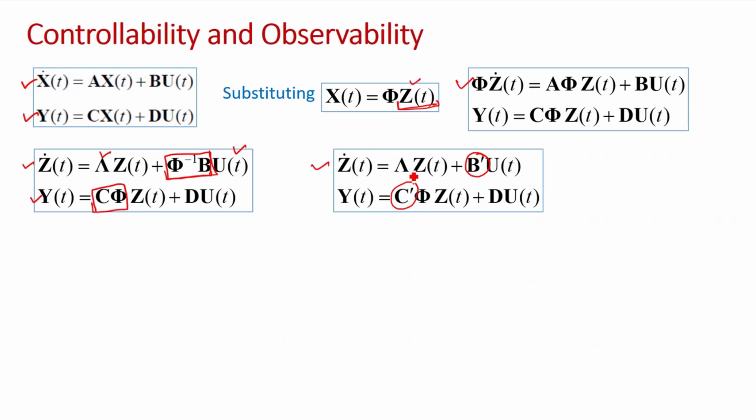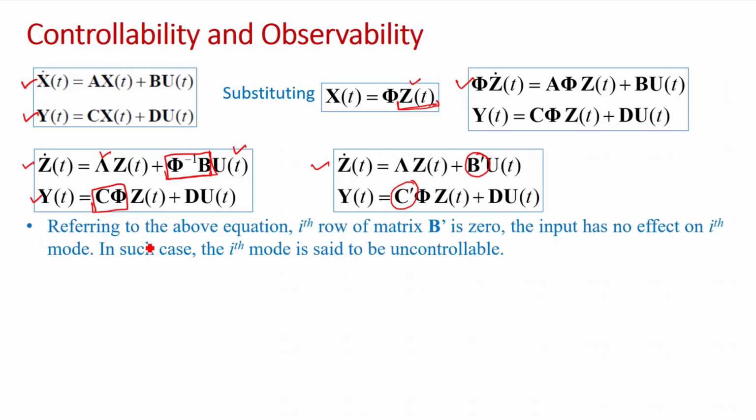So now I can write this equation, and referring to the above equation, if we consider the ith row of the matrix B dash, and if by chance the row of matrix B dash becomes 0, then the input has no effect on the ith mode, because this gives us the modes, right?